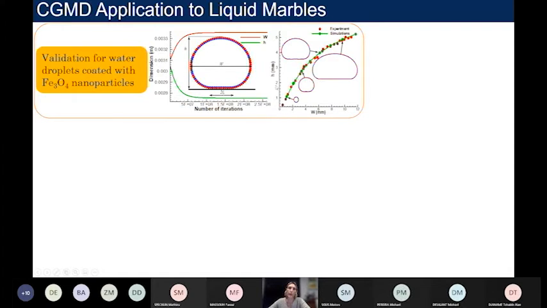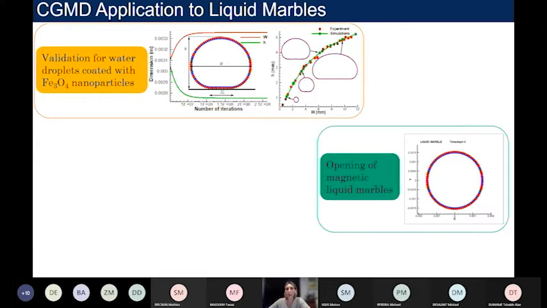We validated against some measurements of the height and the width of these marbles when they are sitting on a surface. And you can see that the comparison against the experiments is pretty good.